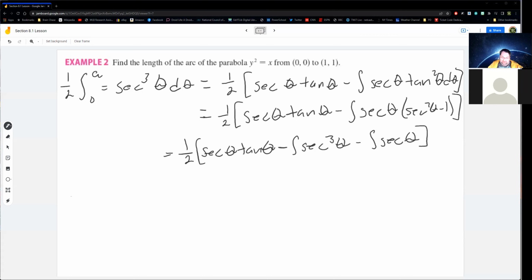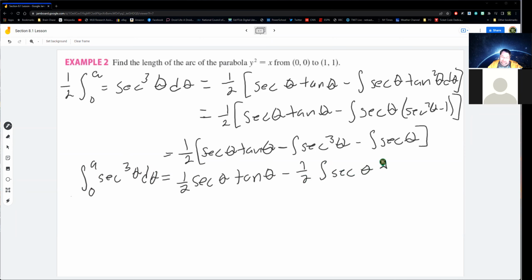So if I bring this over, I have 1/2 secant theta, tangent theta. This piece, when I bring it over, will duplicate this. So on this side, I end up with just secant to the third theta d theta. And then I have minus 1/2 of the integral of secant theta d theta.